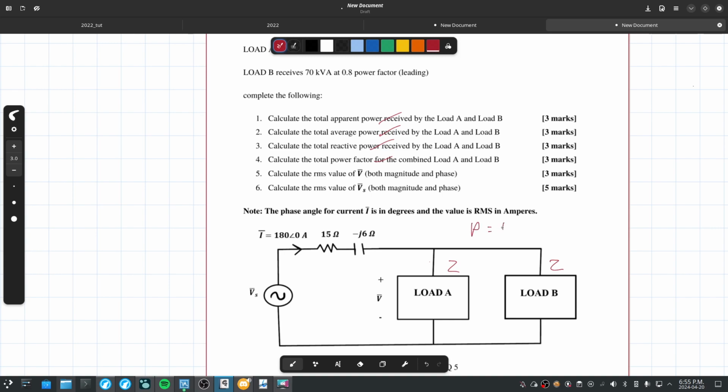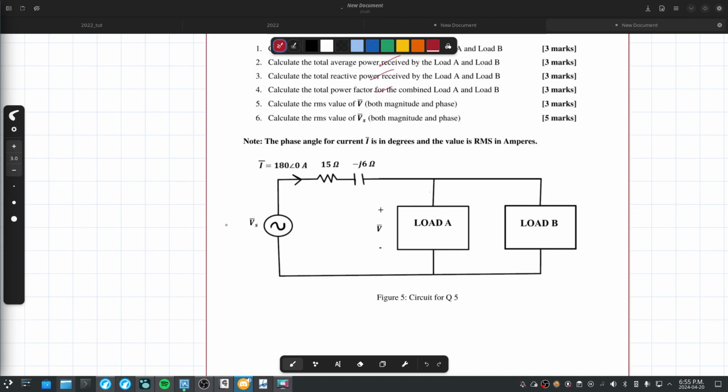Power is... I don't know. I've never seen a problem like this before for power. Oh, someone did a thing on it? Let me see. VRMS equals... Andy's solution.